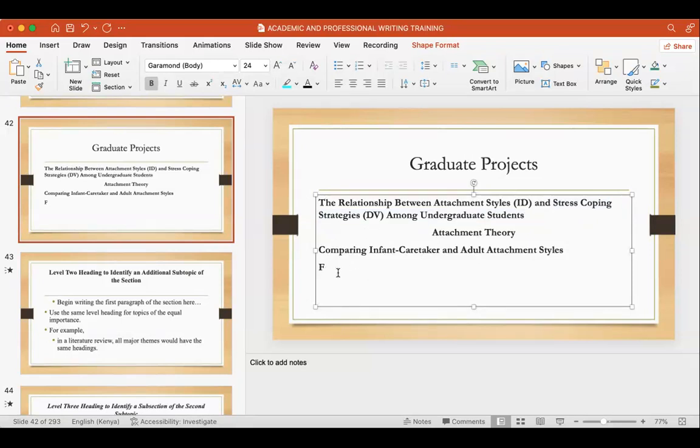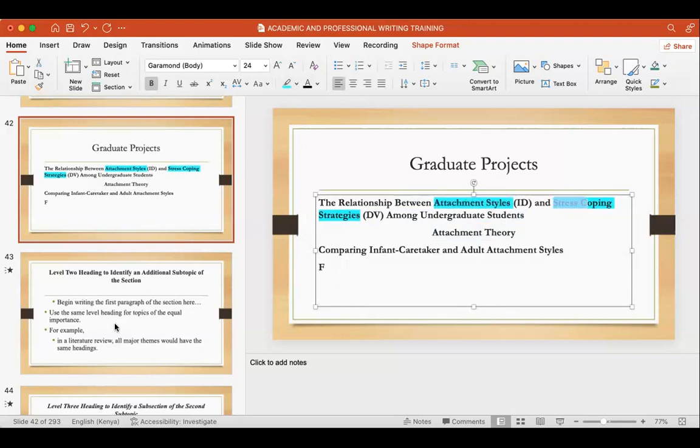So each of those will be subheadings of the general idea, because you have only 2 key variables here: attachment styles and coping strategies. So all your headings will come from here as level 1, and other subheadings will be developed from here.